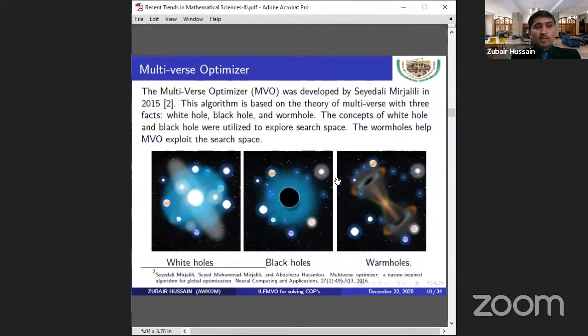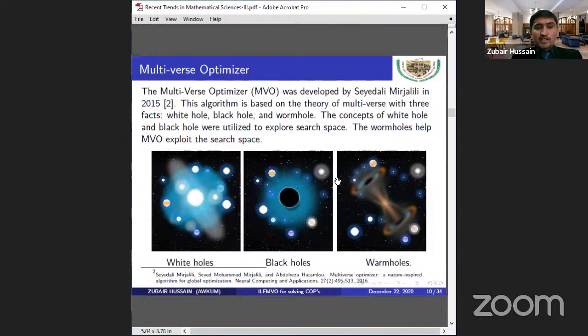In the multiverse, there are some terms. Number one is a black hole. A black hole is a region in space having strong gravitational force such that nothing can escape from it. Even light cannot escape from this region. Then another term is a white hole. A white hole is a hypothetical region of space-time which cannot be entered from the outside, although matter and light can escape from it.